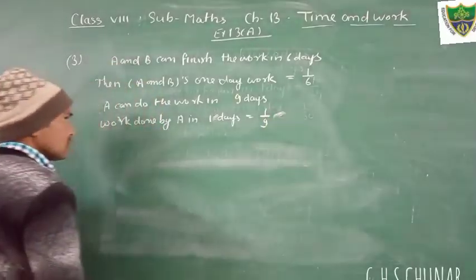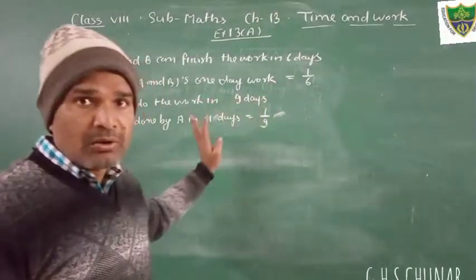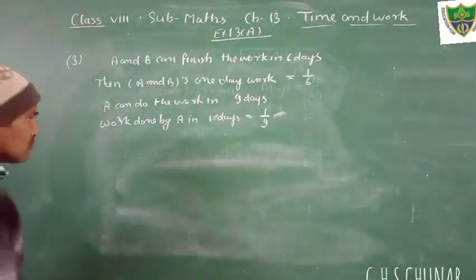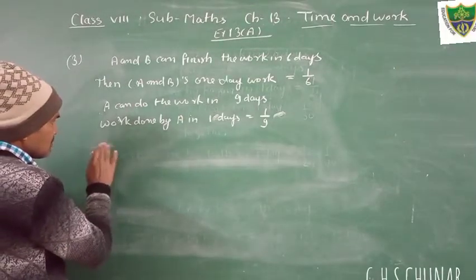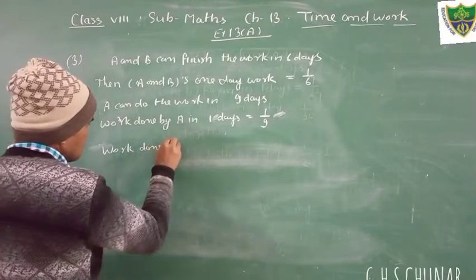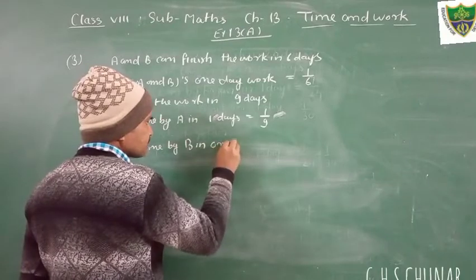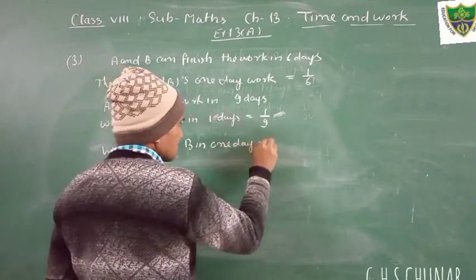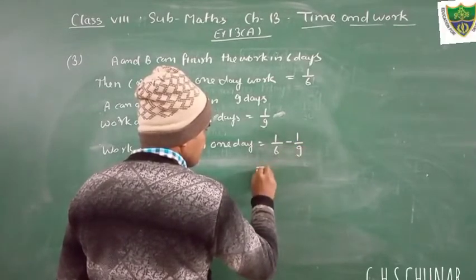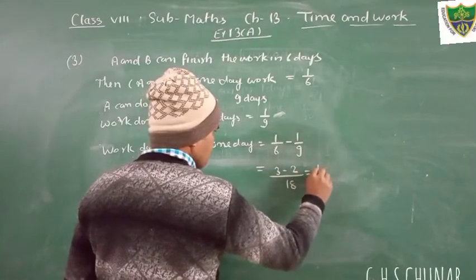So the work done by A and B both is 1 upon 6, and the work done by A alone is 1 upon 9. Then we will subtract to get the work done by B in 1 day, that is 1 upon 6 minus 1 upon 9. It is 18, 3 minus 2, that is 1 upon 18.